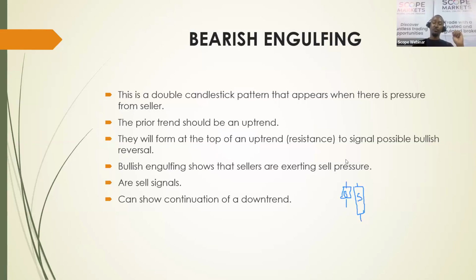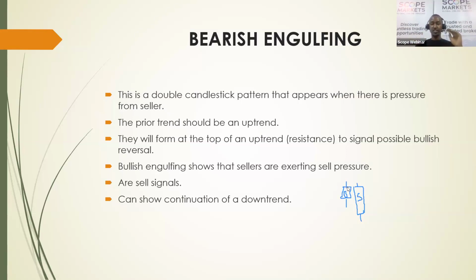So if you have a small buy candlestick here, and then a big sell candlestick that engulfs it, what does that give you? It gives you an idea that sellers are trying to overcome buyers. So definitely this is what we call a sell signal. A bearish engulfing is a sell signal.